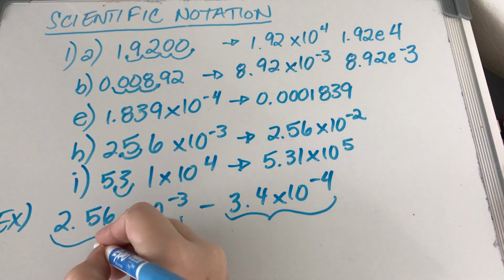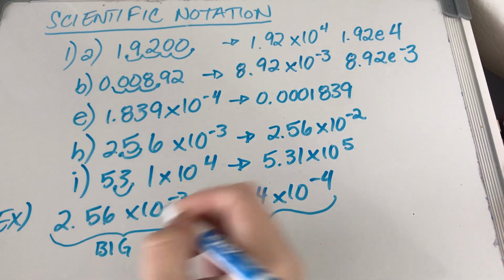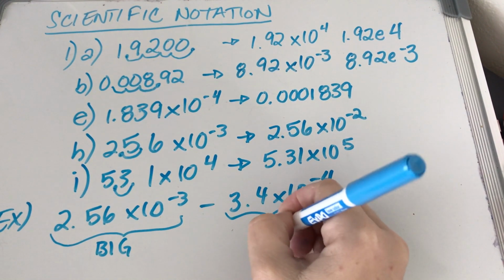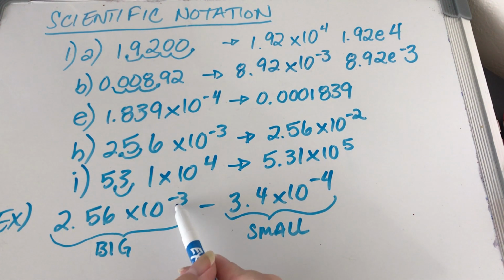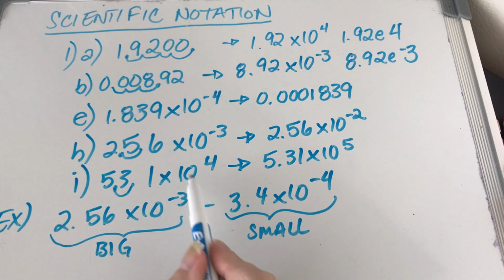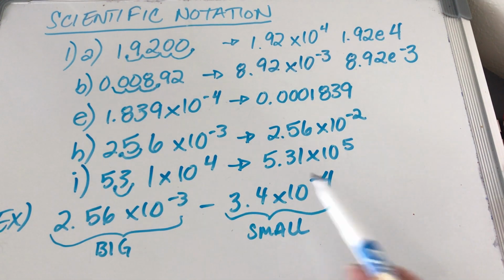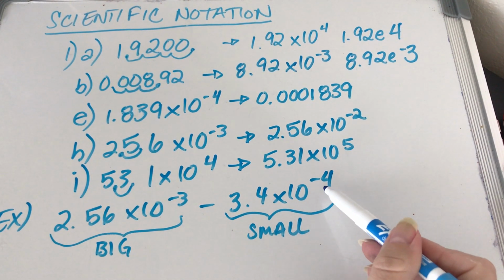Yeah. So this one is bigger. This one is smaller, right? You guys see that? So, is it because of the negative 3? Yes, so negative 3 is a less small exponent than negative 4. Does that make sense?